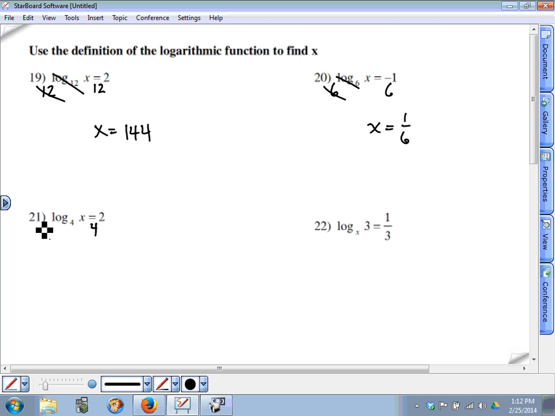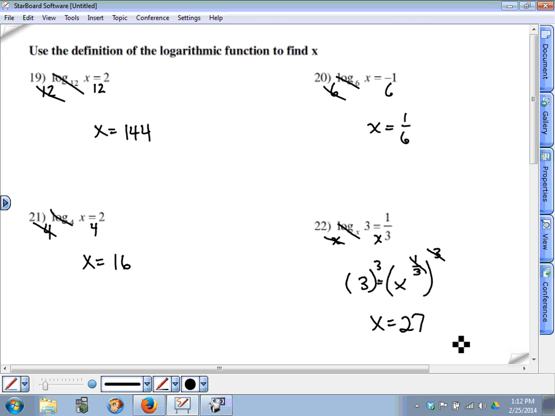Over here, if you use a base of 4, you have x is equal to 4 squared, which is 16. So it's a little trickier. You're going to have to use a base of x. So we have 3 is equal to x to the 1/3. We use a power of 3 on both sides, and those powers cancel each other out, so x is equal to 27.